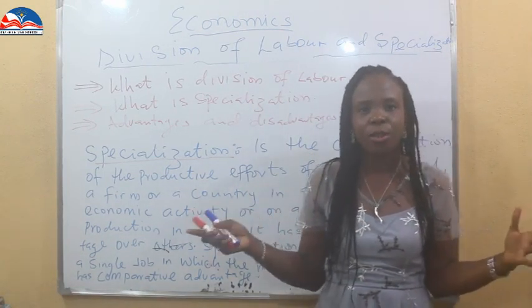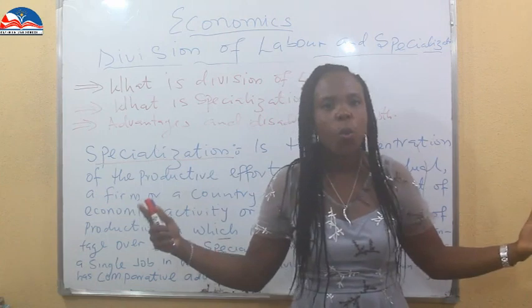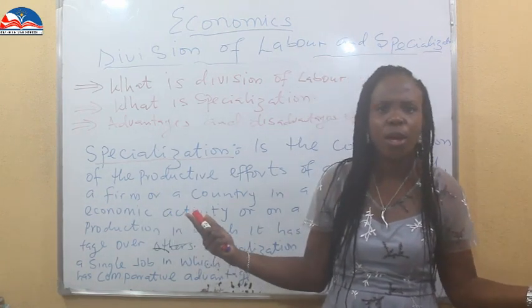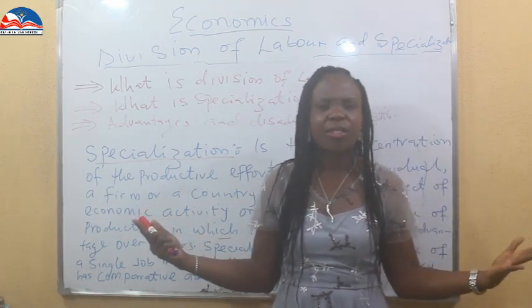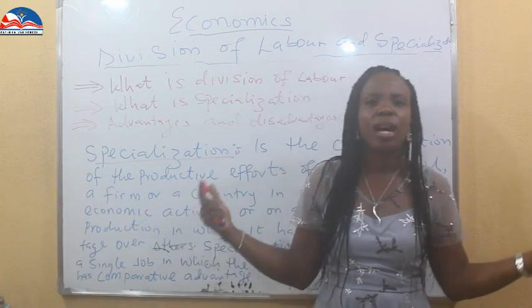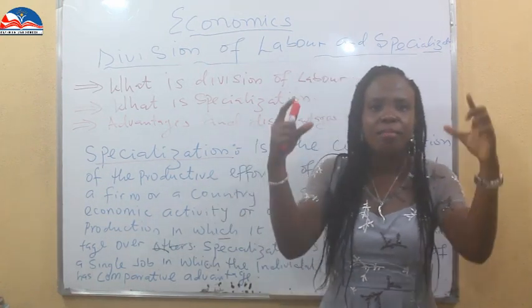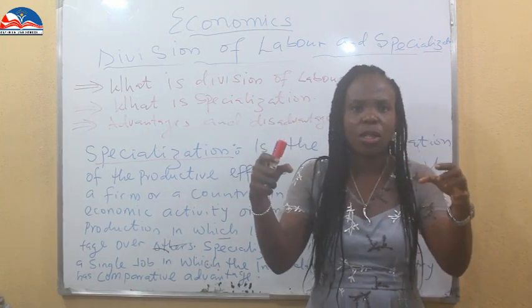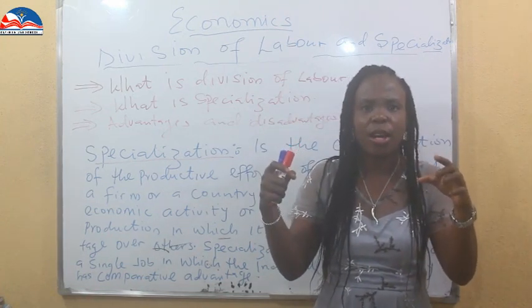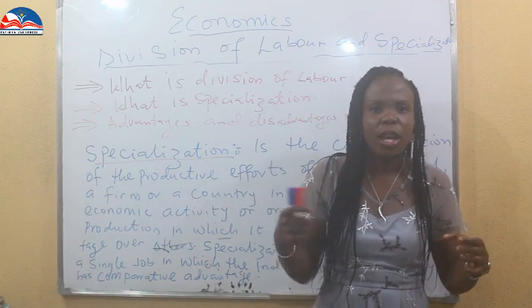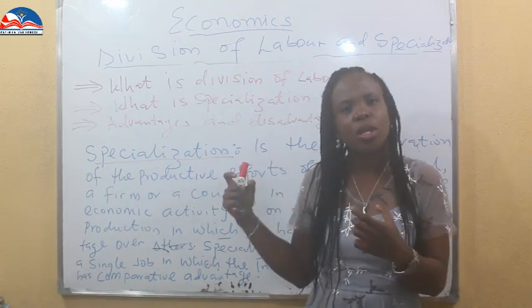Then for a country, they may have wide range of products they can go into. But then, like Nigeria, they are among the highest oil producing nation. And so they concentrate majorly on oil exportation, extracting of oil. So expatriates come and then get this oil to the oil market.